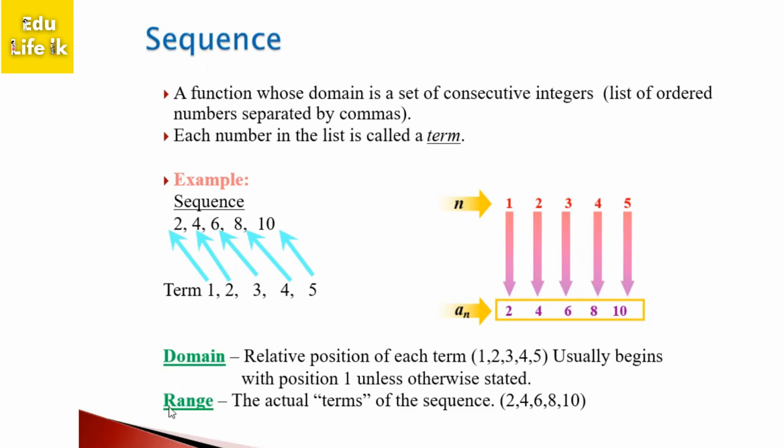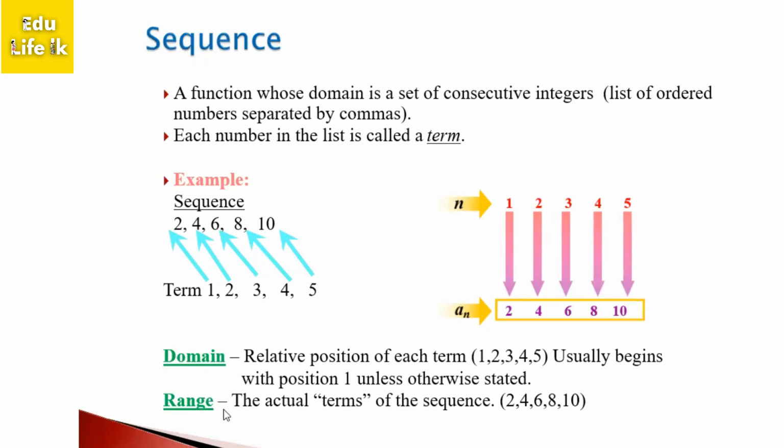When you consider the range, what is the range? When we have a function, we know there are outputs of the function. Here, according to these positions, we have the terms of the sequence. Those are the outputs, and we call these the range. The actual terms of the sequence are the range.